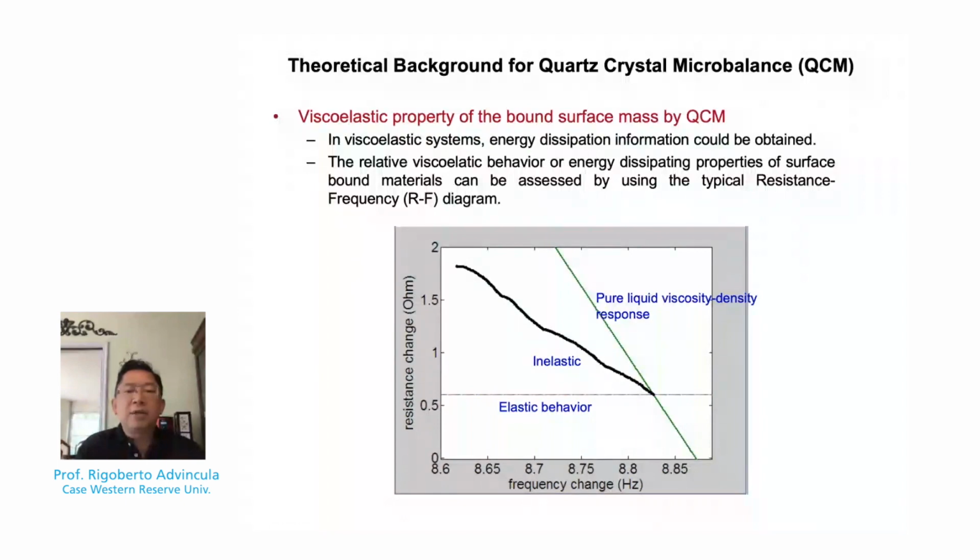And on the other part, you have a pure liquid viscosity density response, such that this film is more lossy compared to a solid state elastic film, and thus can easily be used to characterize the lossiness of the deposited organic or polymeric material with this plot.